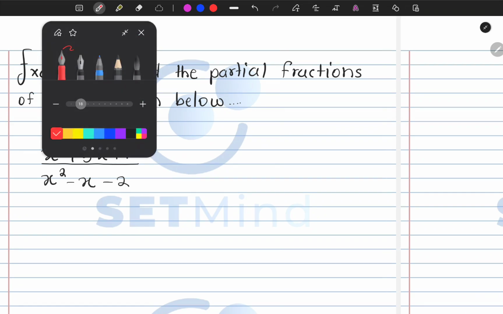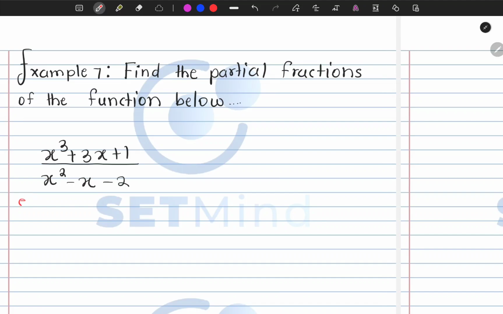Two important things which you need to realize here: the degree of the numerator, x cubed plus 3x plus 1, is equal to 3, while the degree of the denominator, x squared minus x minus 2, is equal to 2.